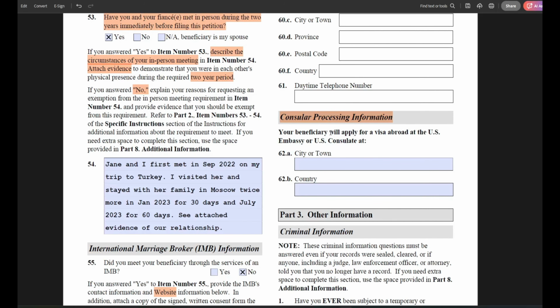You cannot really choose the embassy or consulate, but in this form, you can request if, for example, there is no embassy or consulate in your beneficiary's country, but it is not guaranteed. So the NVC usually makes the decision primarily of where they will send your case.